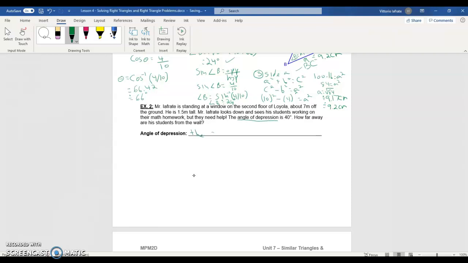It's the angle between the horizontal or horizon and the line of sight when looking down at an object, hence depression, down.